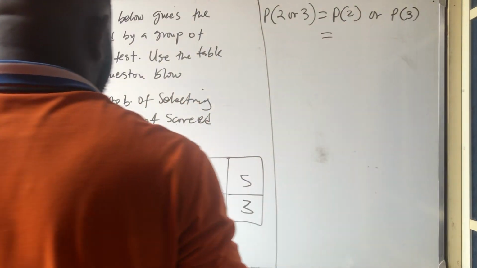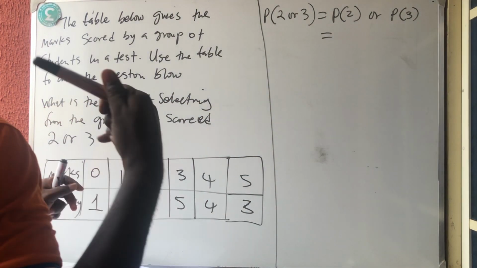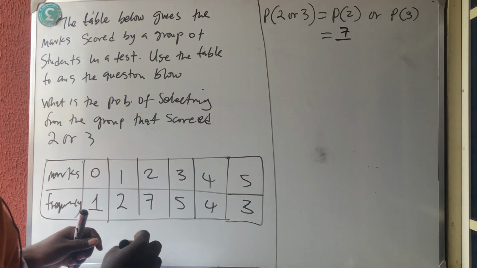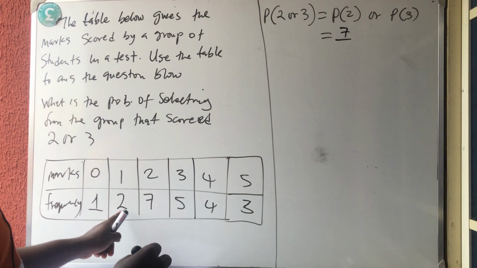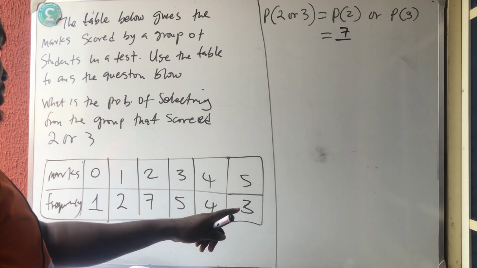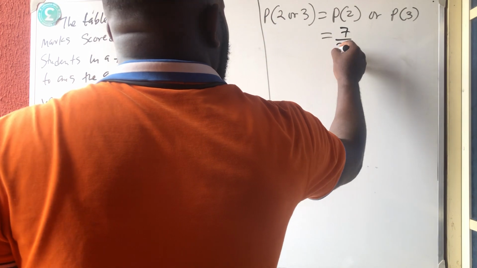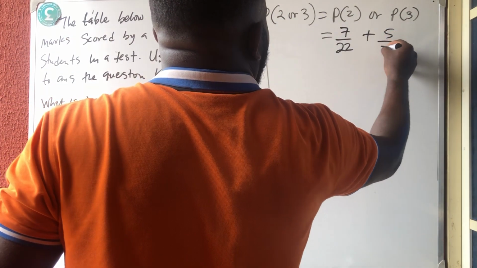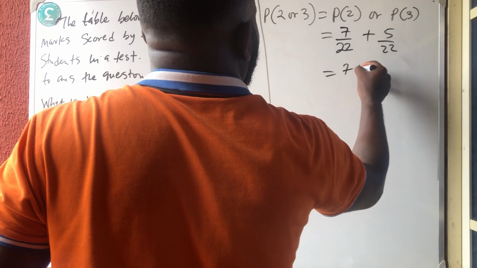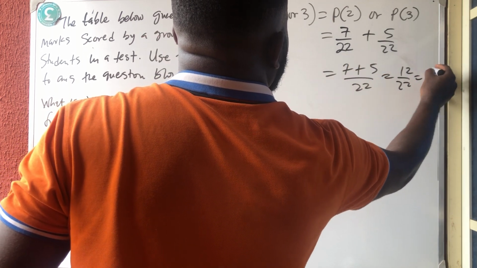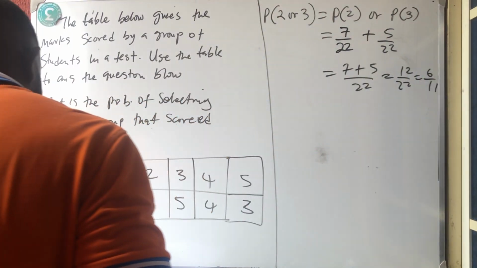The probability of 2 is 7 people scored 2, so 7 over the total number, which is 1, 2, 5, 9, 12, 15, 19, 22. So 7 over 22 plus 3 is 5 over 22. So I have 7 plus 5 over 22, which is 12 over 22, which is 6 over 11.